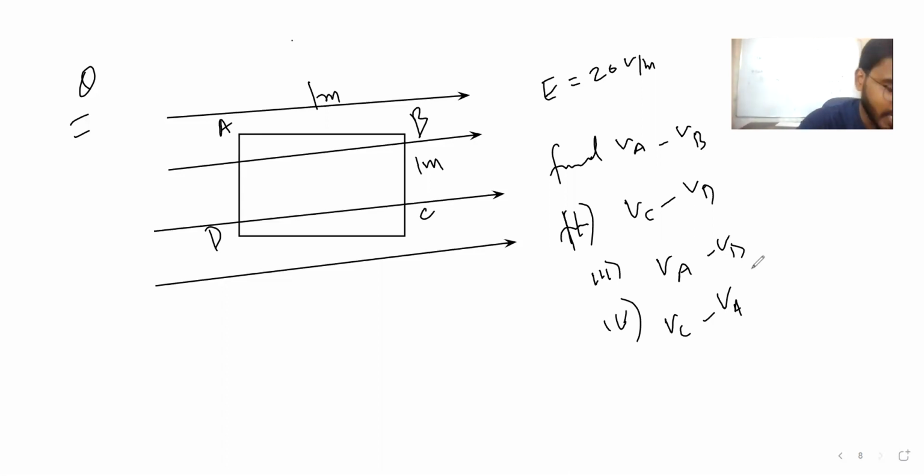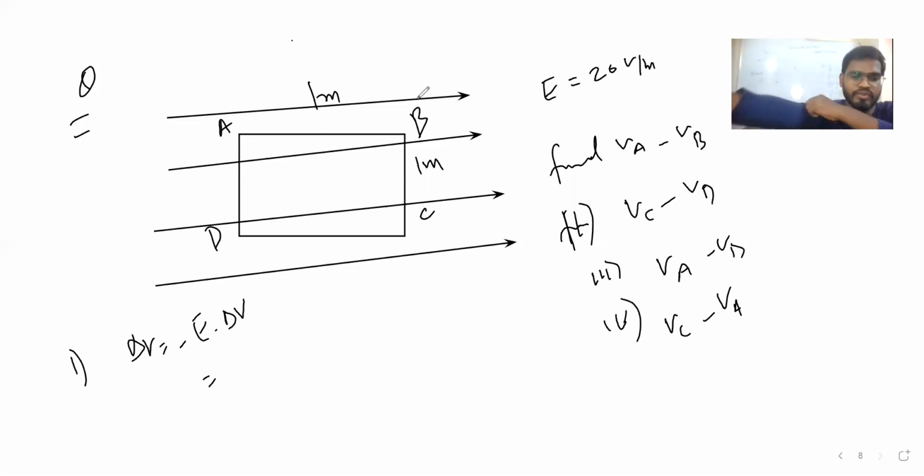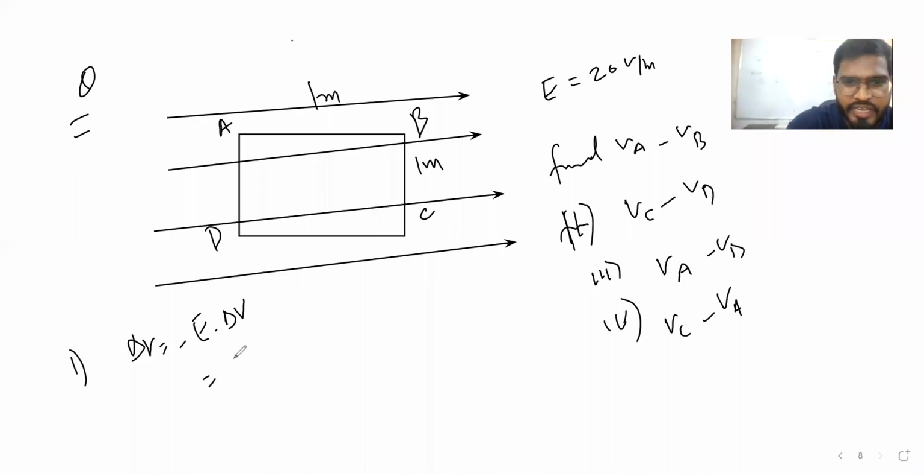Fine. Let's see. Delta V is equal to what? First part: minus E dot delta R, right? Okay. E dot delta R. Guys, if you'll see here, for A to B, we can say E is how much here? 20, right?